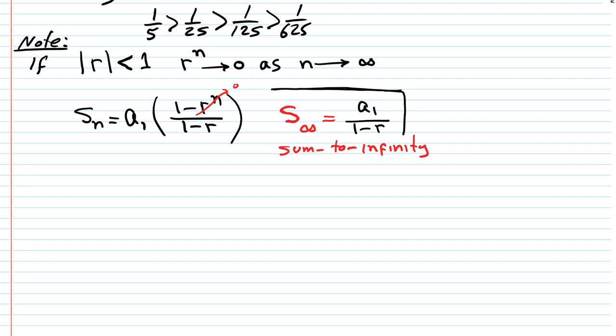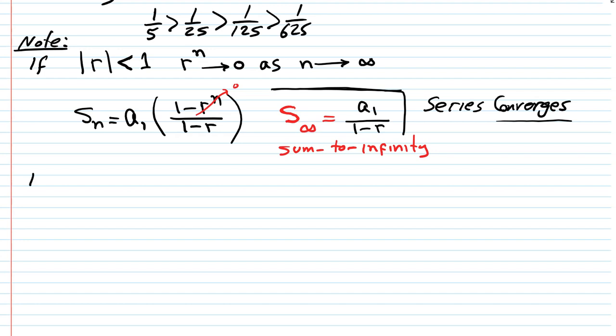Now, what happens here, by the way, we say that the series converges if absolute value of r is less than 1. If absolute value of r is 1 or more, the series diverges.